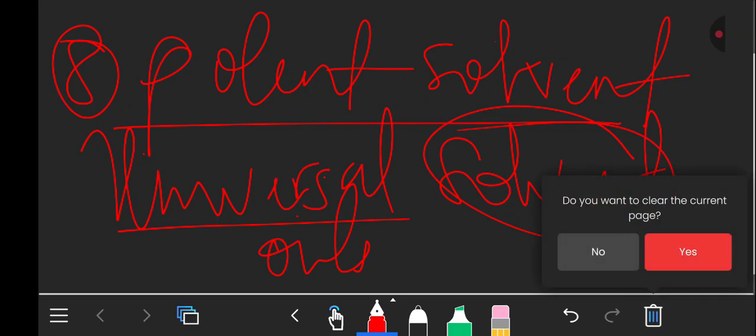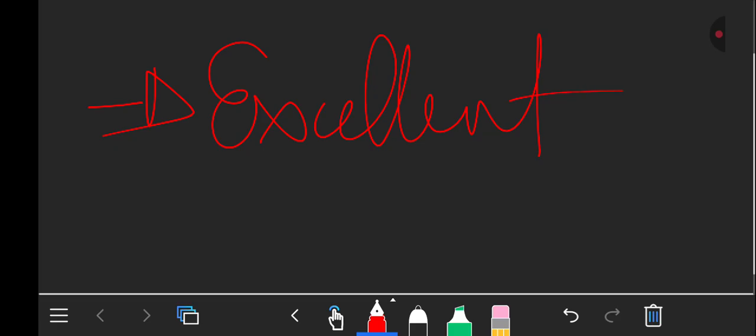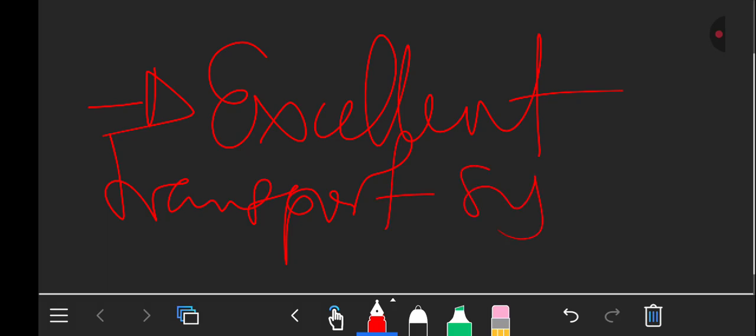And what's the importance of this universal solvent property of water? It makes water excellent in transportation. It helps in the transportation system, because a lot of substances are able to dissolve in water. A lot of nutrients, oxygen, carbon dioxide are able to dissolve in water.